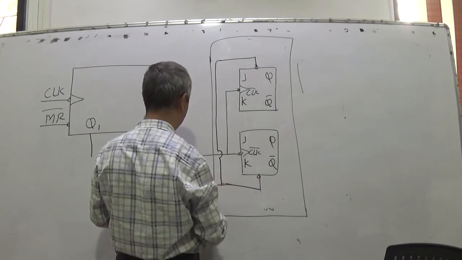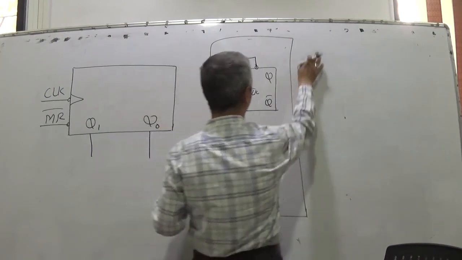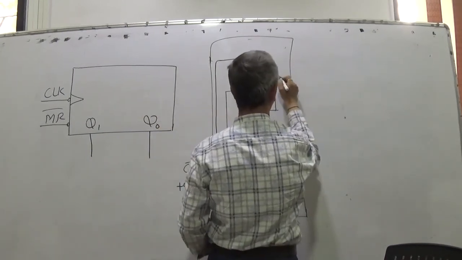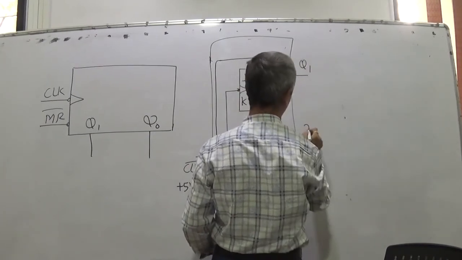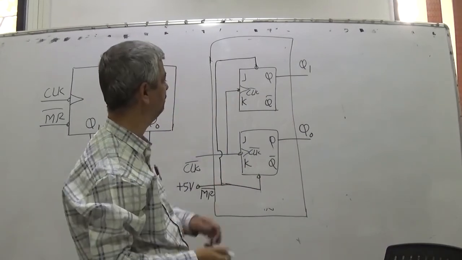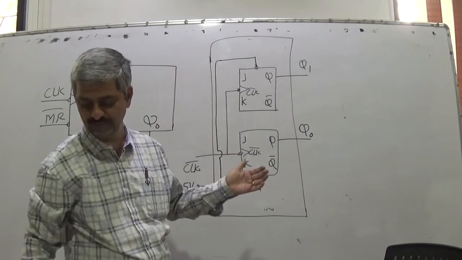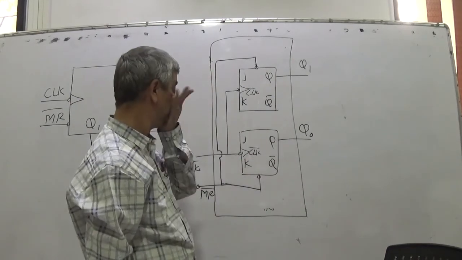I am not using it, so I will keep it at plus 5 volts. Then one output comes out from each flip-flop. One is called Q1, other is called Q0.